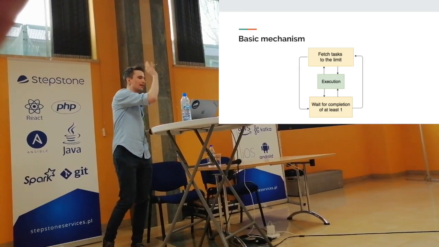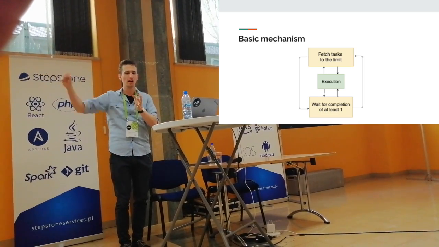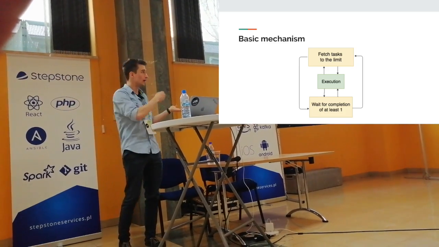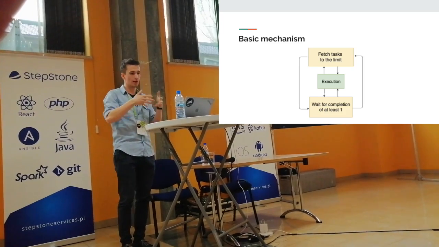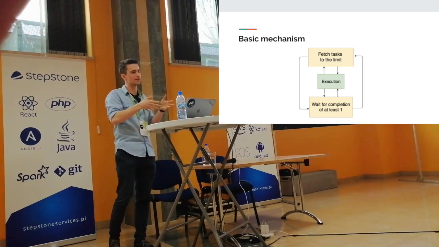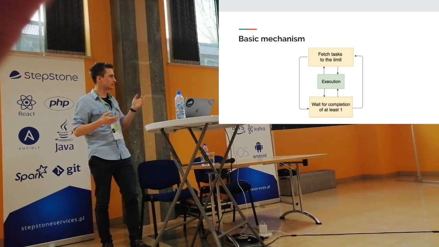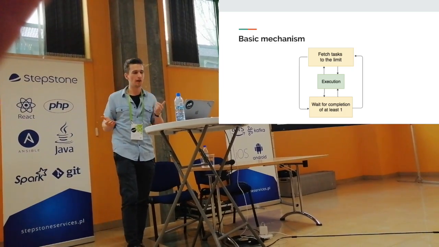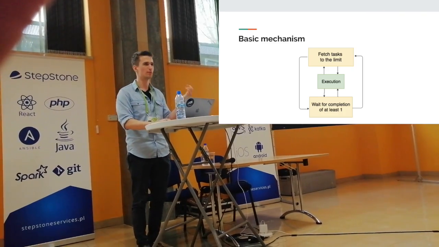We fetch the task, do something with it, like ask some server, and now I can fetch another task. And again, ask some server, fetch another task, etc. In a synchronous world, you would fetch the task, now you need to process it, so the process is sleeping, and now you can fetch another task. So in the synchronous world, you're naturally limited to one task, and in an asynchronous world, you need to limit yourself, because if you don't, you'll run over the limits and your memory will cry.